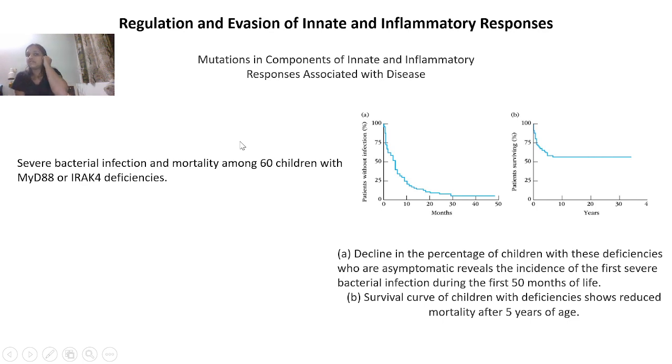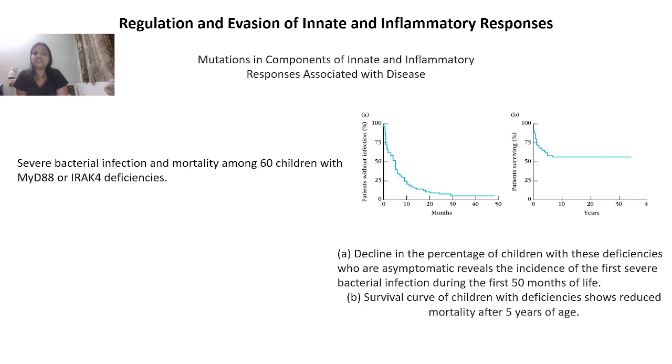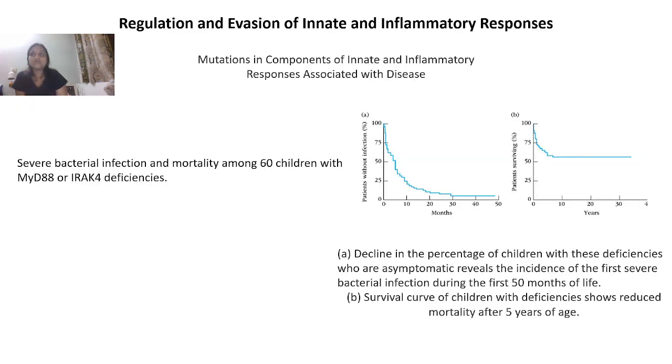So a mutation in any of these components can lead to different kinds of disease and increase the mortality rate among people, especially during the initial years of age, where there will be highly severe infection.